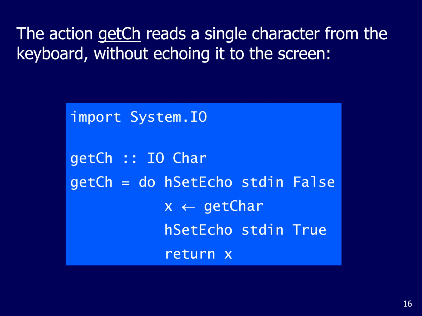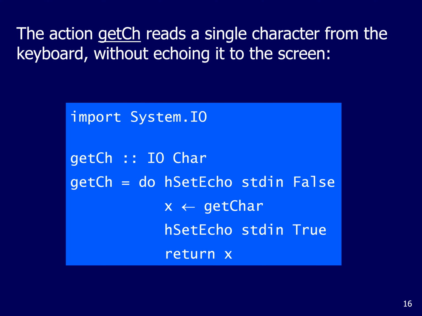So in order to complete the game, we need to define the two helper primitives which we've used. The first of these was called getCh, and it's an action that reads a single character from the keyboard without echoing it to the screen. That's so that the other player can't see what the secret word is when the first player is typing it.